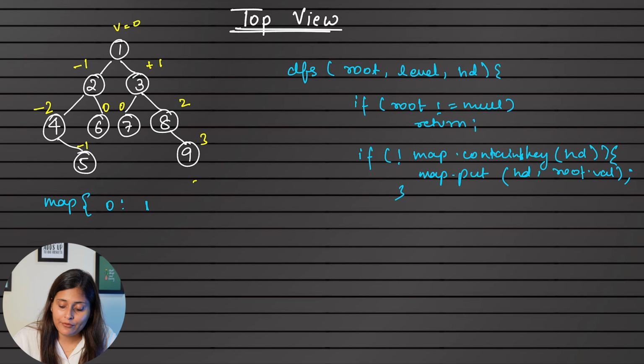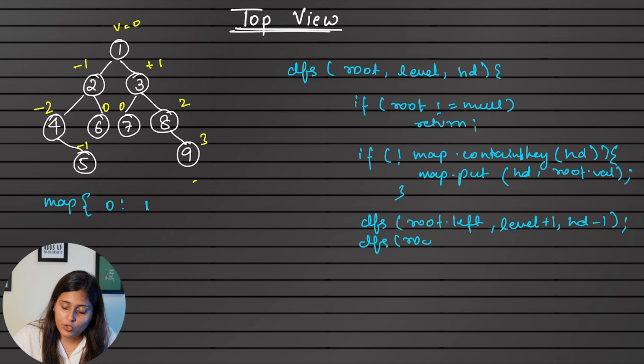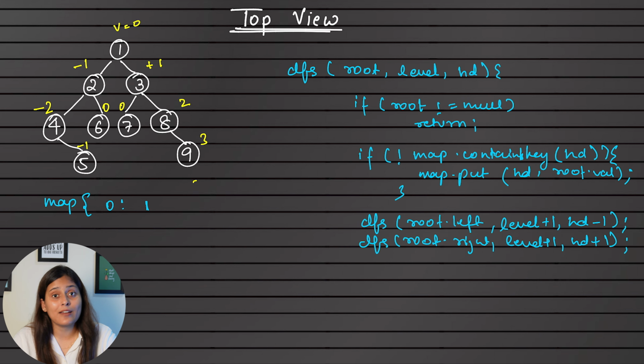So we'll call root dot left, and for the left child, level plus 1 we have to do. And for HD, as we are going towards left, it is minus 1. Similarly for the right side, DFS root dot right with level plus 1 because we are going downwards, and HD plus 1 because we are going towards the right side.